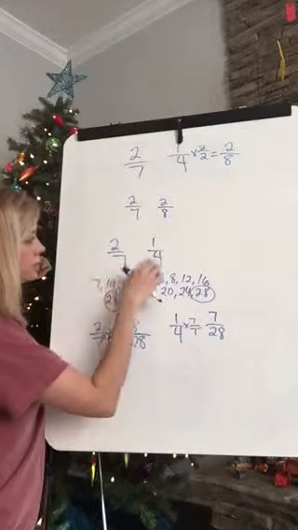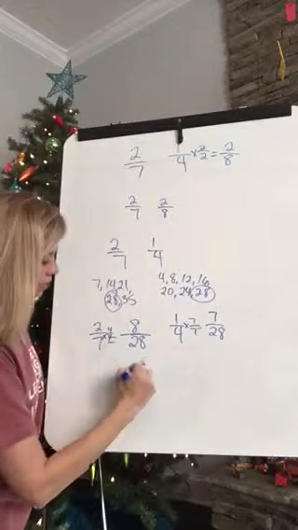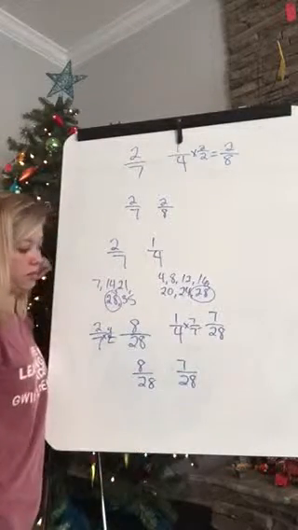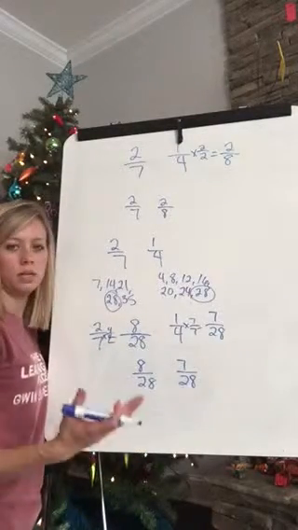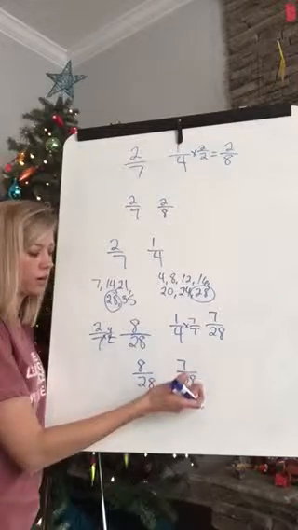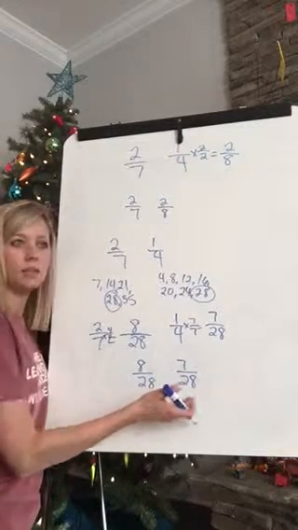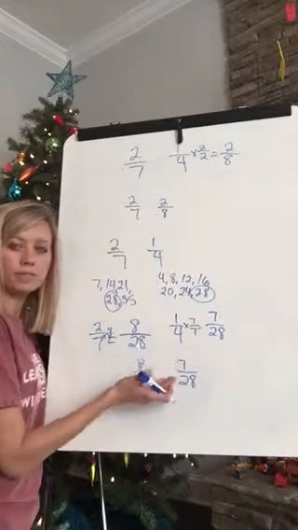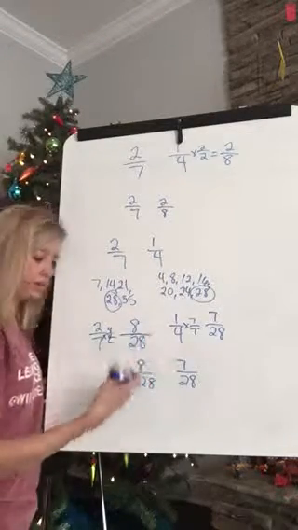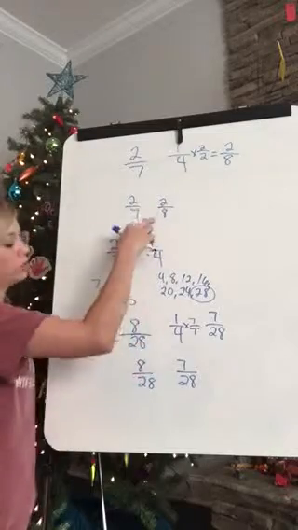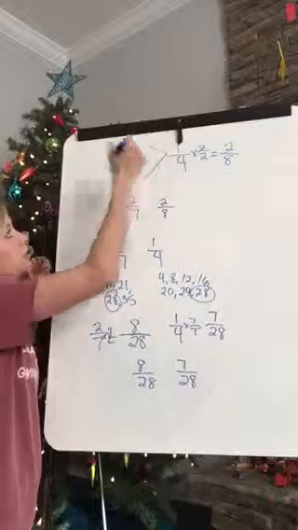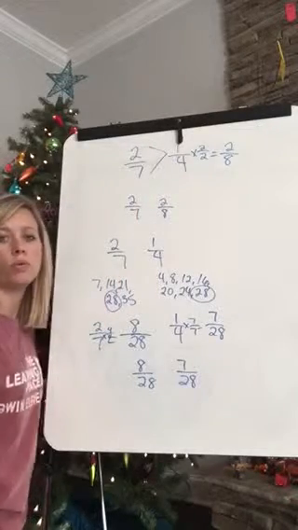So now, instead of 2/7 and 1/4, I have 8/28 and 7/28. Obviously, which one is more? 8/28, because on this one, they are the same size part, both 28s. So if you had 8 of them, or if you had 7 of them, which one is more? The 8. So we have proved using 2 different ways that 2/7 is greater than 1/4.